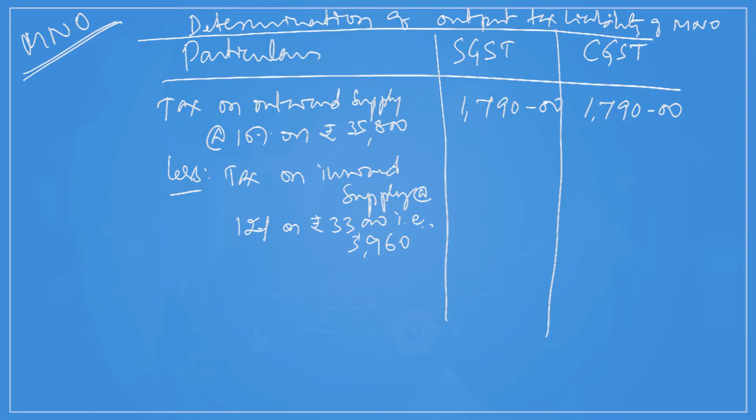For SGST it comes to rupees 1,980, and for CGST also it comes to rupees 1,980. This is to be put in brackets because it is a negative value. It has to be deducted from the tax on outward supply. After deducting input tax from output tax, we have output tax liability of nil.